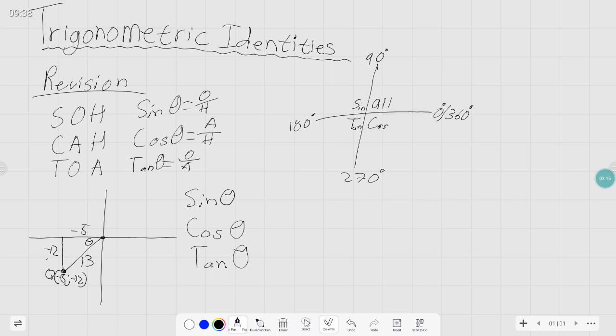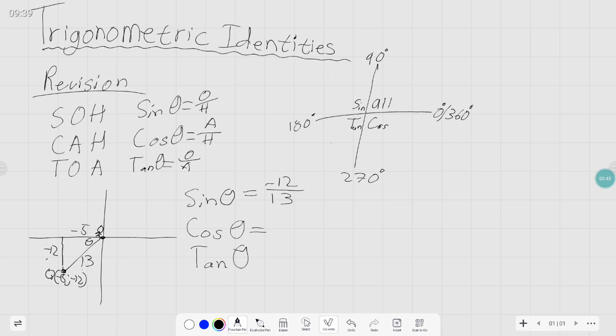So remember, if you see the angle of theta, you are in reality standing there. So what side is opposite to you? The -12. So it will be -12 over my hypotenuse, which is 13. Can you see in this quadrant, sine is negative? What about cos?